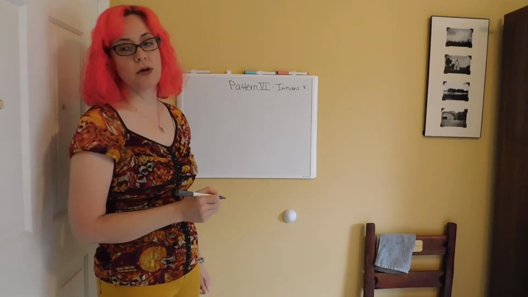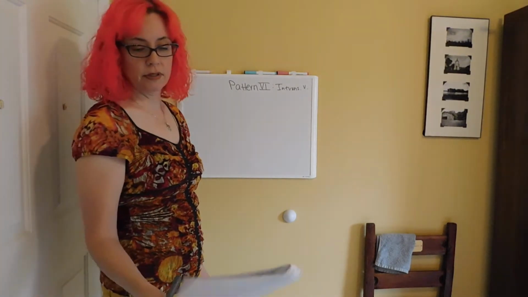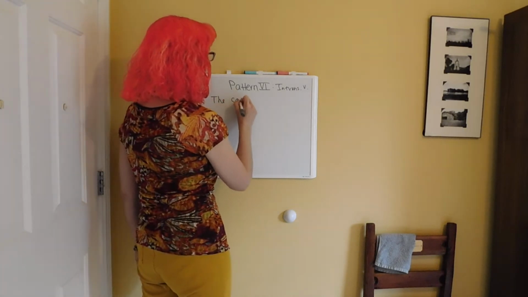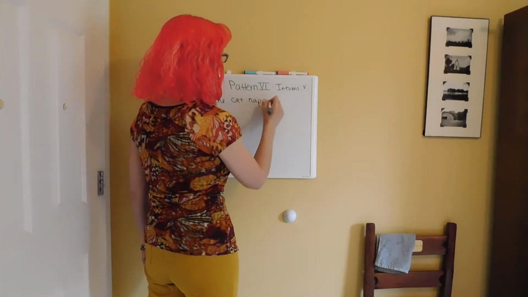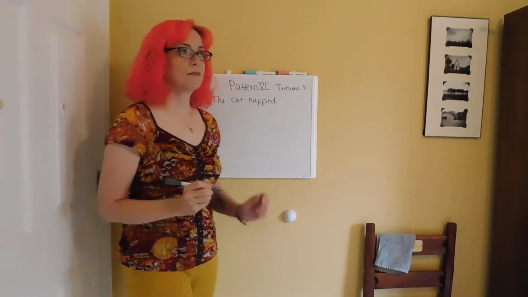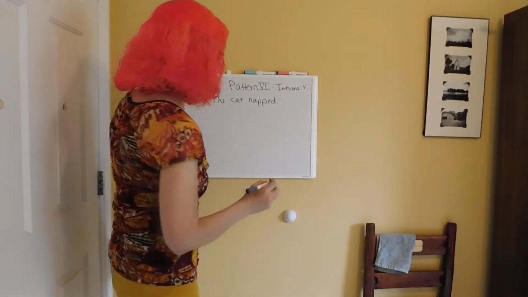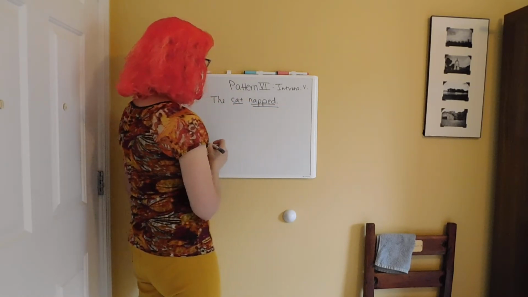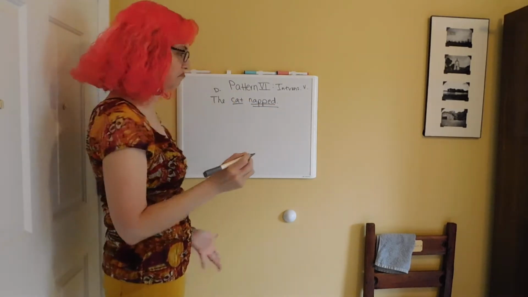Alright, so, let's stick with simple. The cat napped. Easy, right? Cat, noun, napped, verb, and of course, determiner.